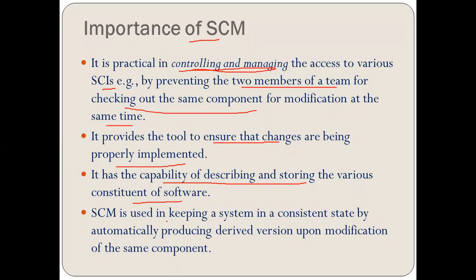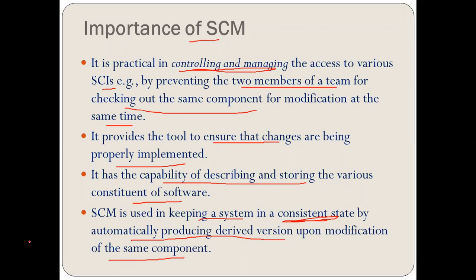Lastly, SCM is used in keeping a system consistent. This is what I'm talking about every time, consistency. It keeps the system in a consistent state by automatically producing a derived version upon modification of the same component. If a single component is being modified, then we work with versions.